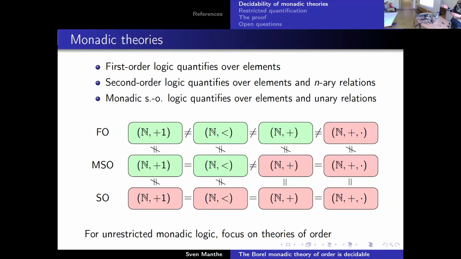And in second order arithmetic, everything is completely hopeless. Even from the successor function, one can simulate the usual recursive definitions of addition and multiplication. So if we want to do decidability in monadic logic, we should somehow focus on theories of order and not on algebraic theories.